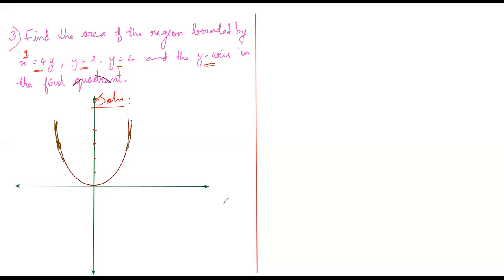Here's the rough sketch of the parabola x square is equal to 4y, which is symmetric about the y-axis and opens upward.